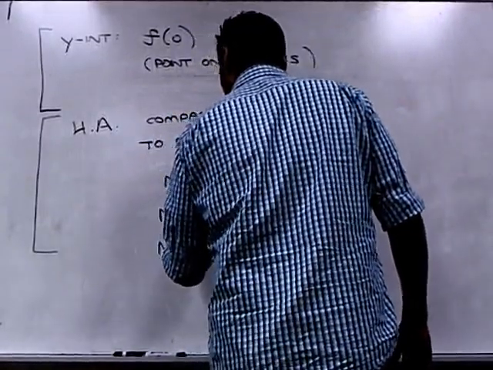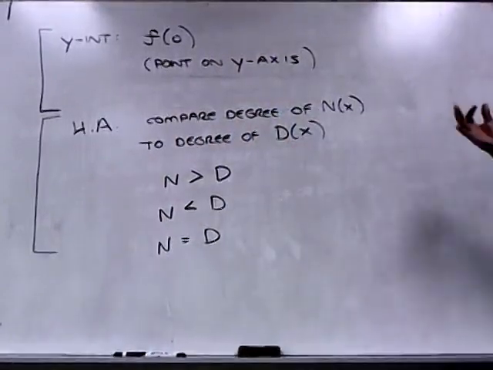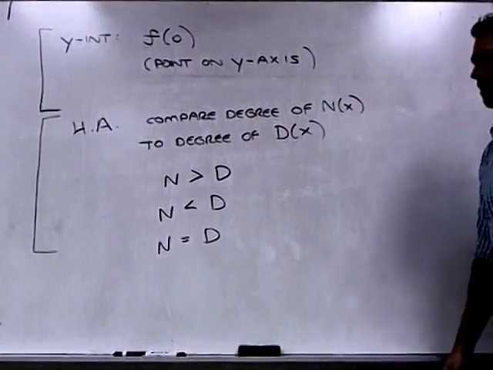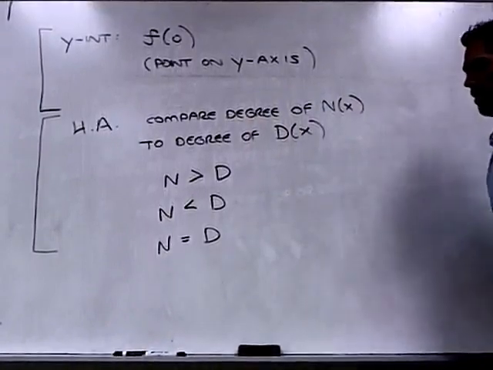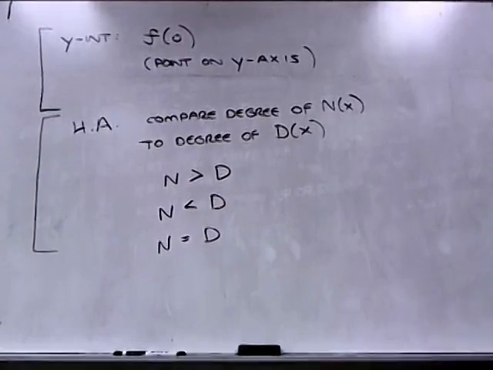This in mathematics is called trichotomy. The relationship between two numbers is always one of those three things. Next to each of these, I'm going to tell you what you do.